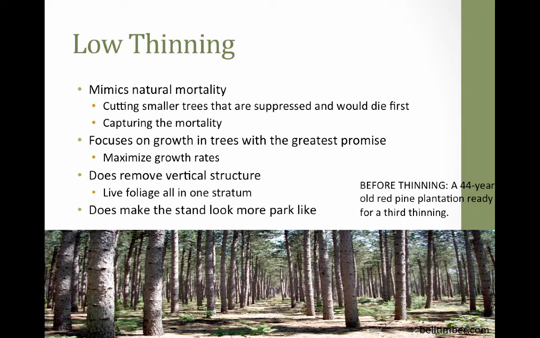Their goal is really focusing on the quality of these poles. They have a very specific way that they manage red pine for this resource. As you can see, this is before a thinning, and their goal is to create good quality trees for poles.